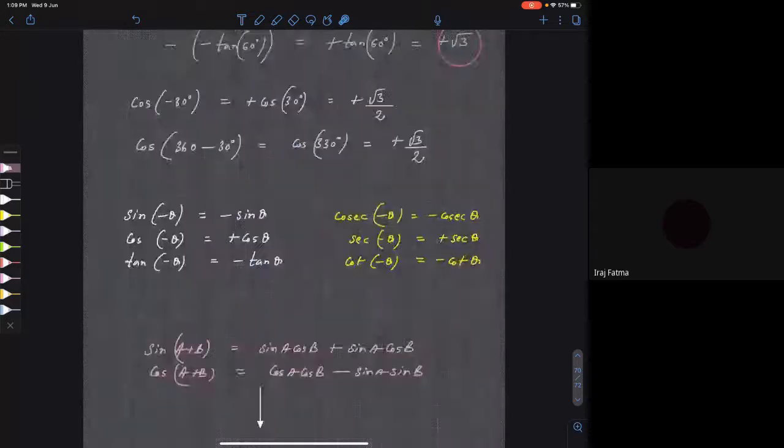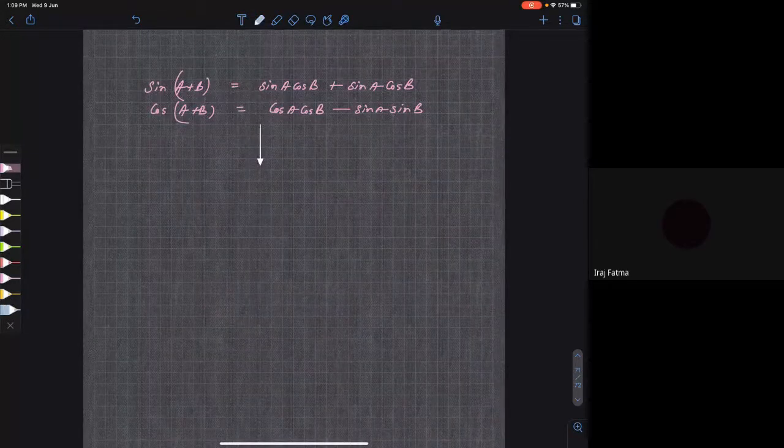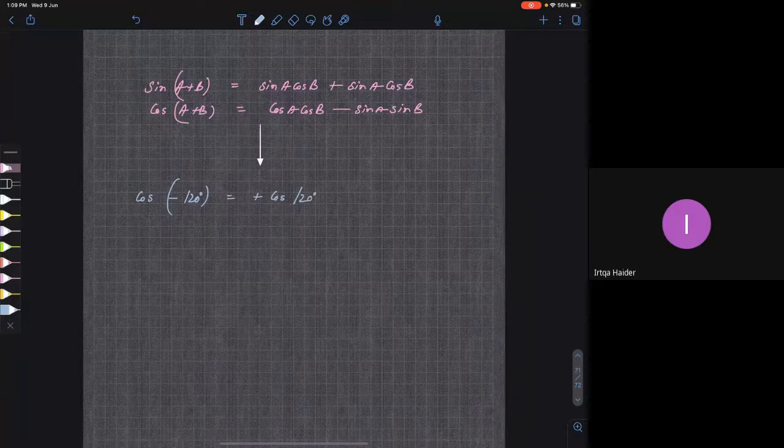Let me just do it for cos and I'll end. Cos of minus 120. Cos of minus theta is always plus cos theta. So it is cos of 120. What is cos of 120?